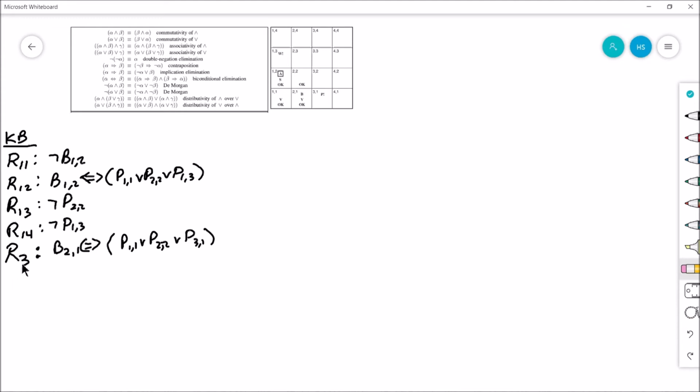Now remember the sentence for R3, which was that there's a breeze in 2,1 if and only if there are pits in adjacent squares.